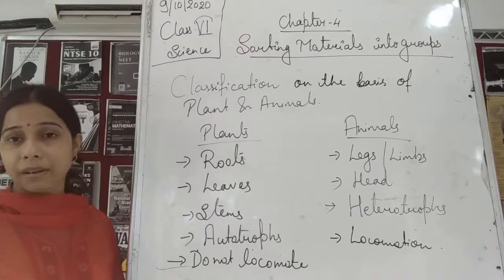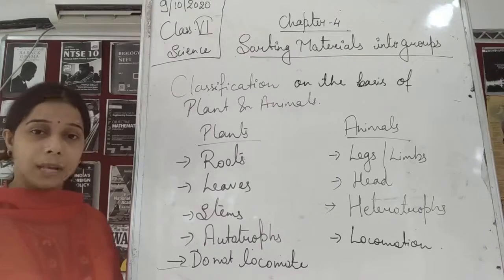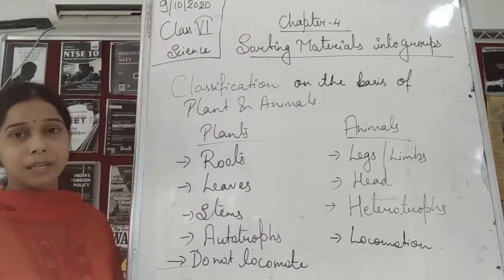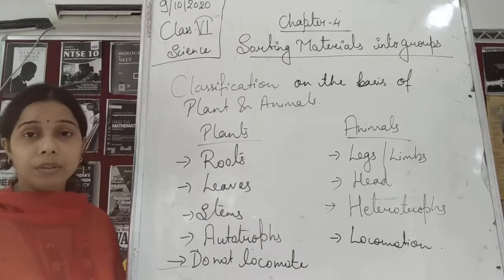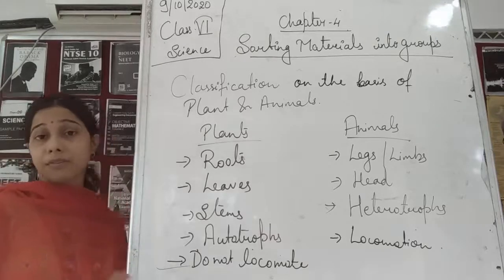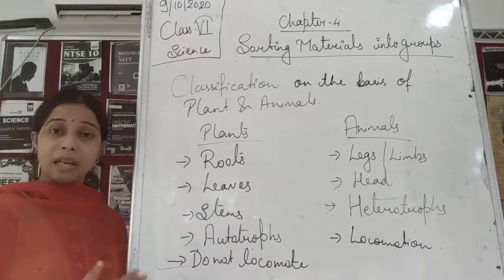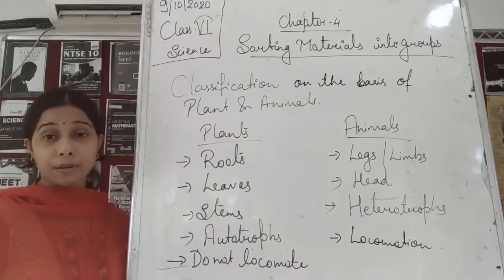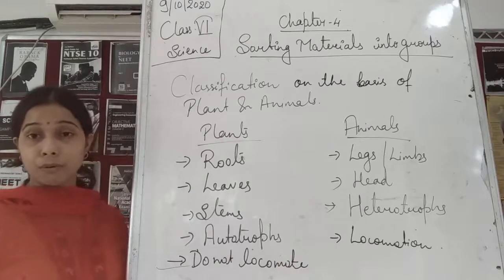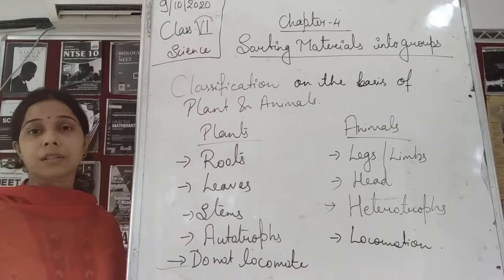Plants do not have such things. They have other tubes which help in taking water or food from one place to another. So you can understand that they differ from each other in various aspects. Animals do not prepare their own food. But plants do.